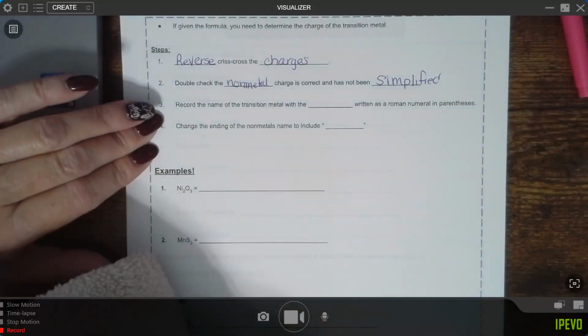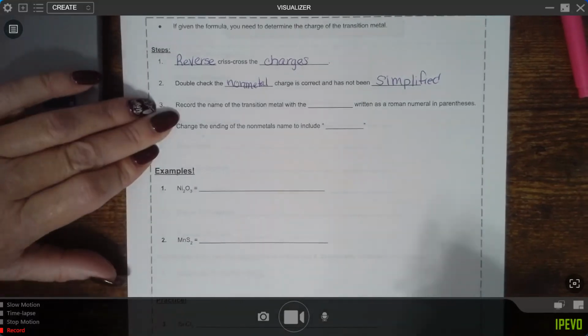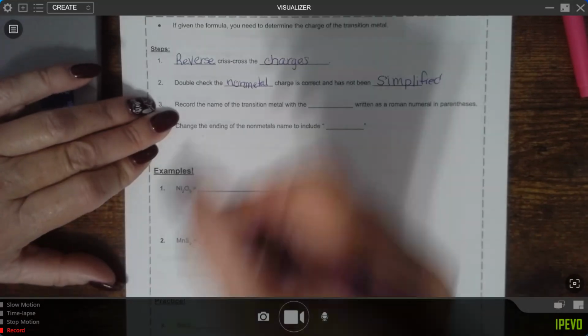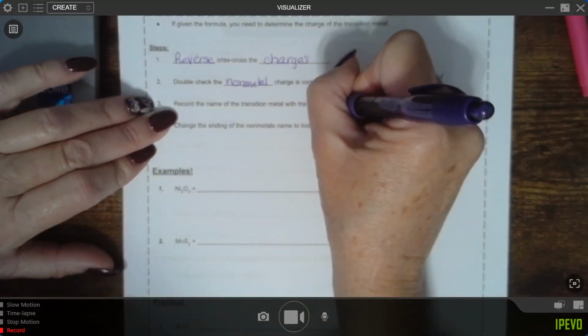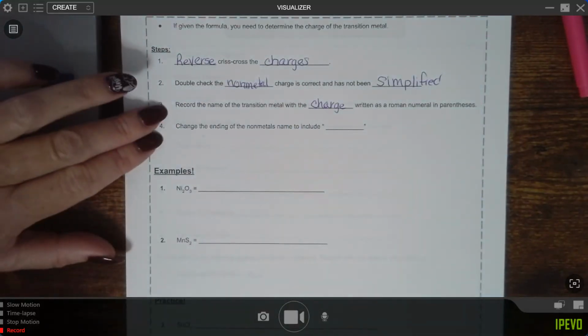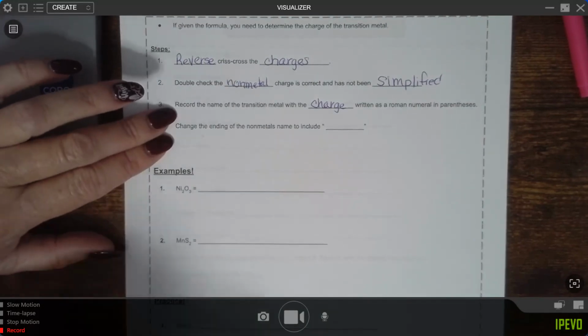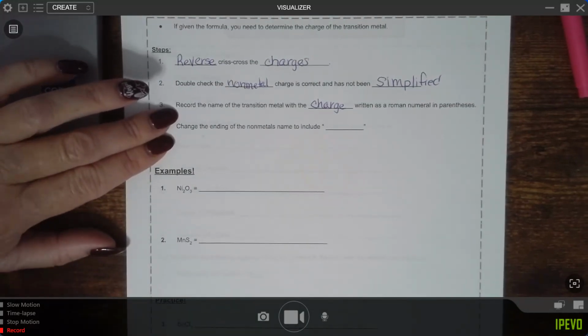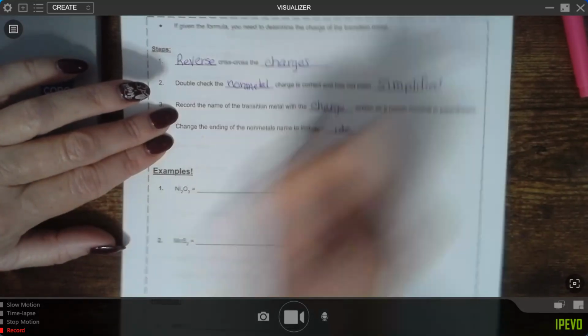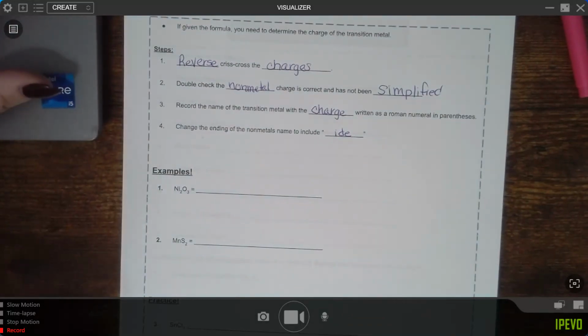So what we're going to do is record the name of the transition metal with the charge written as a Roman numeral in parentheses. We're always going to change the ending of the nonmetal's name to include ide. So let's look at how this works.